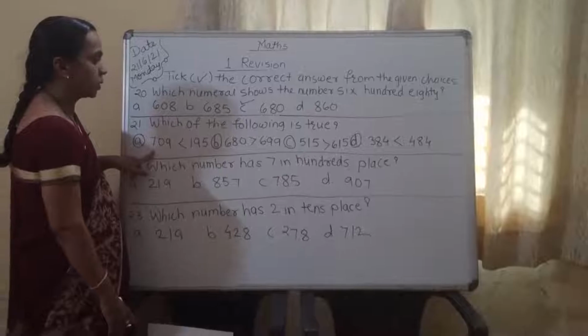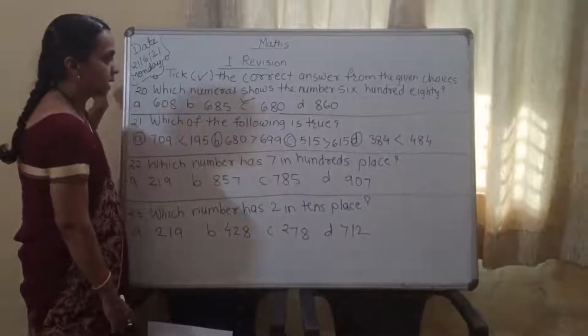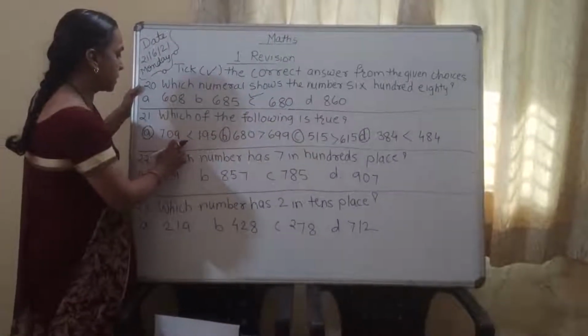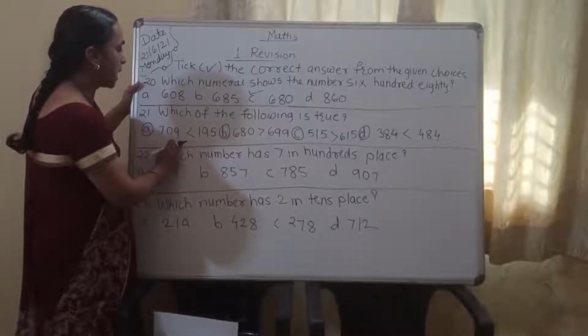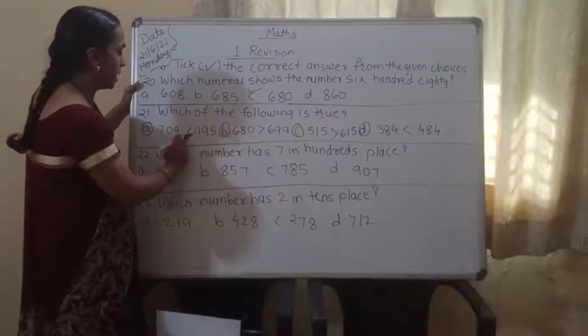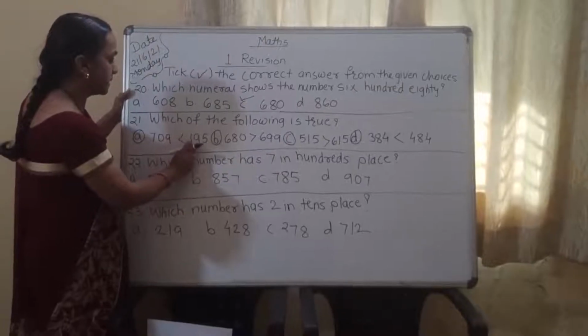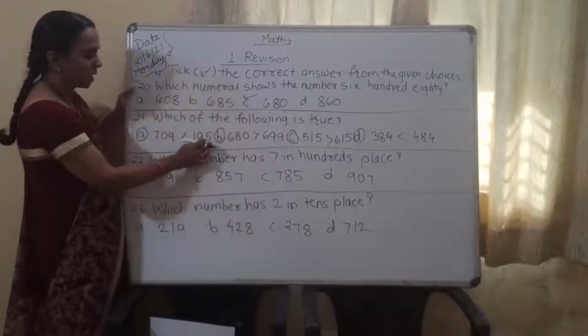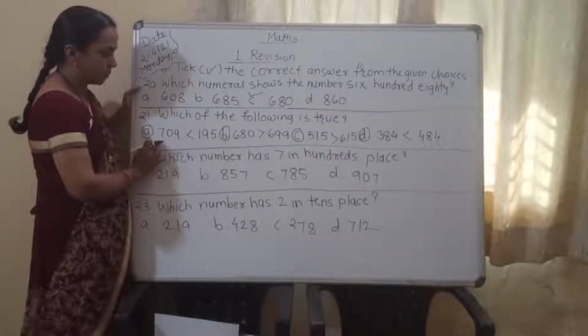Among these four options, which option is correct? Now see which number is bigger here. 709, 195. This sign is wrong here because 195 is the smaller number.